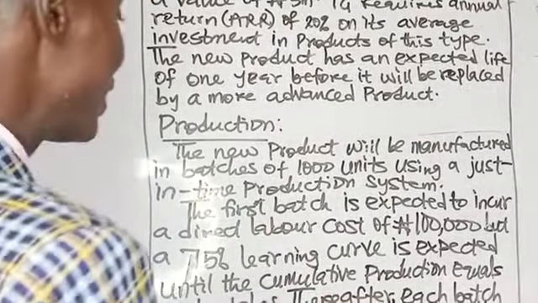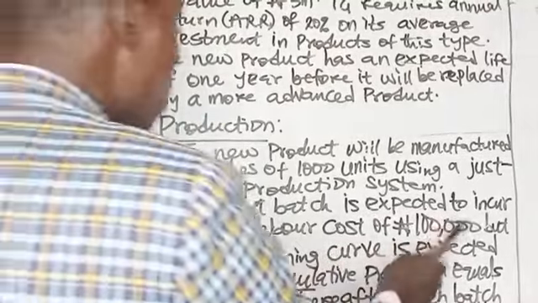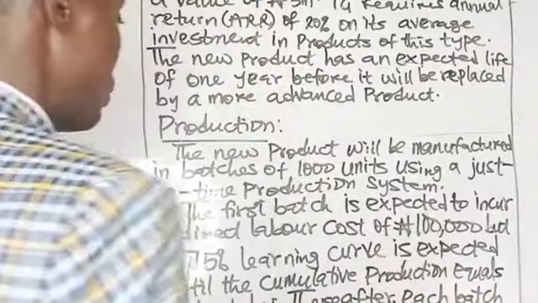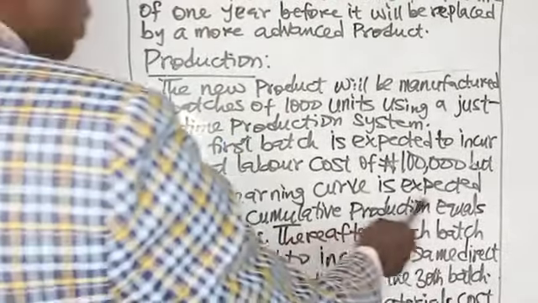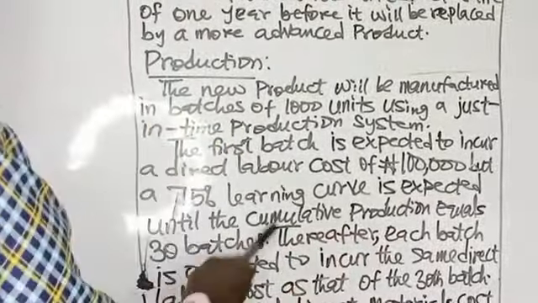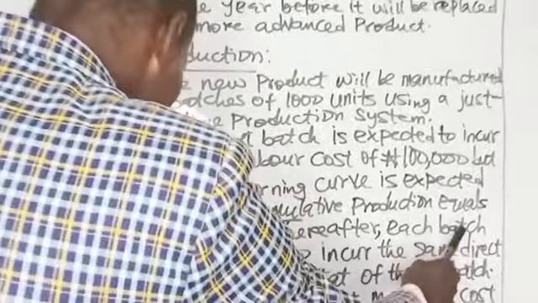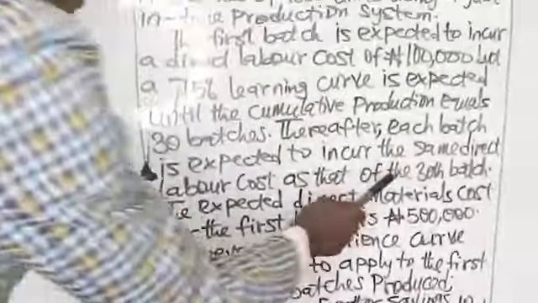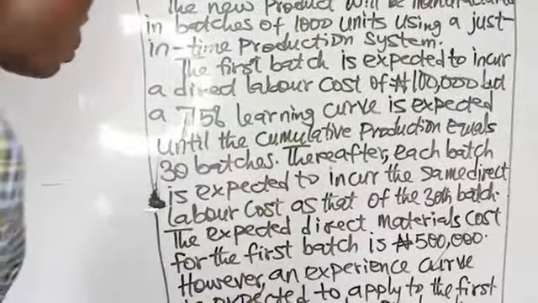The first batch is expected to incur a direct labor cost of 100,000 naira, but a 75% learning curve is expected until the cumulative production equals 30 batches. Thereafter, each batch is expected to incur the same direct labor cost as that of the 30th batch.